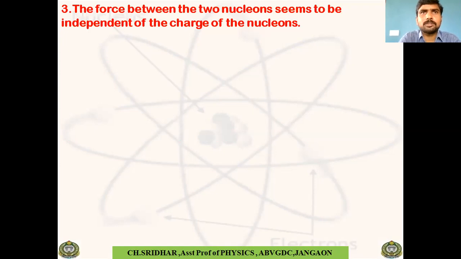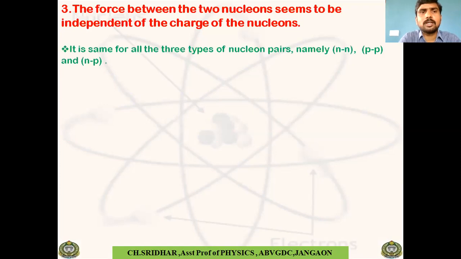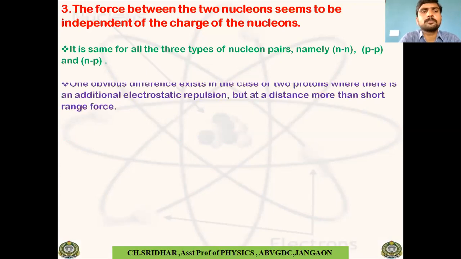The force exists between proton and proton, between proton and neutron, and between neutron and neutron. So the force between the two nucleons is independent of charge. It is the same for all three types of nucleon pairs: neutron-neutron, proton-proton, and neutron-proton.